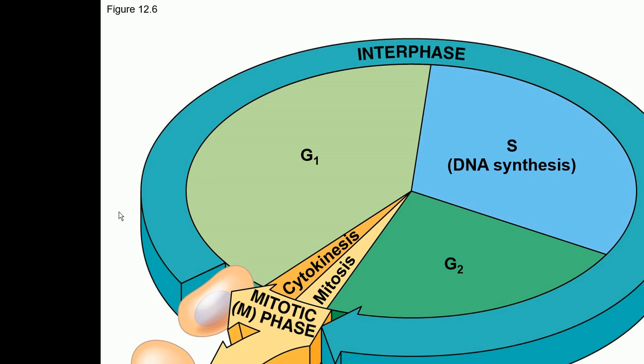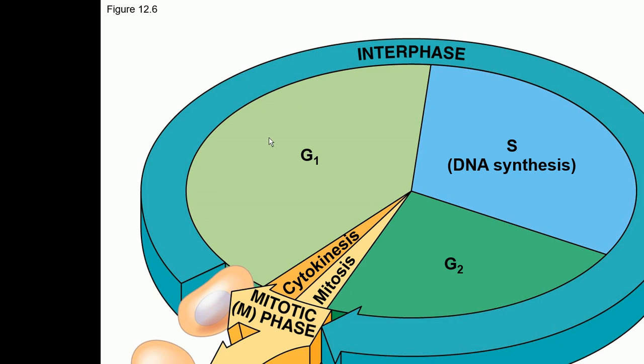So you can see how much time the cell passes in the interphase, or the preparatory phase. Here in G1, gap 1, it is duplicating all its organelles. Here it is duplicating its DNA, and here it is preparing some proteins which are required for the upcoming division.